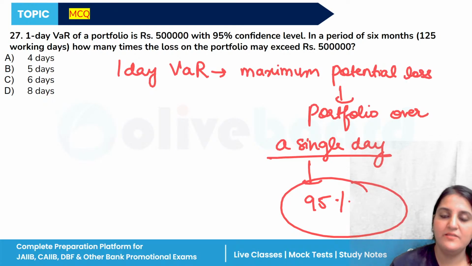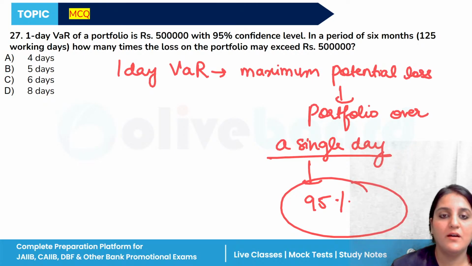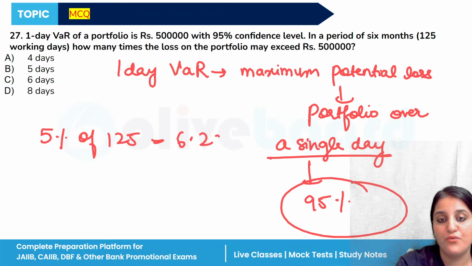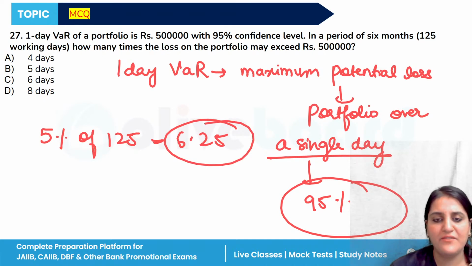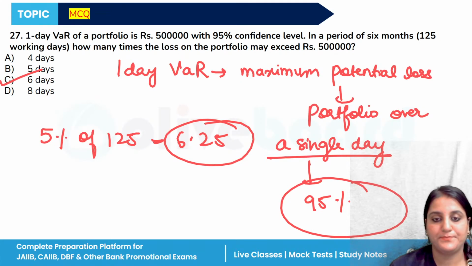Time period is given, that is 125 working days, 6 months. Now we have to calculate the expected number of exceedances here. So first we calculate 5% of 125, that is equal to 6.25 days, that means near about 6 days. That means option C is correct here.